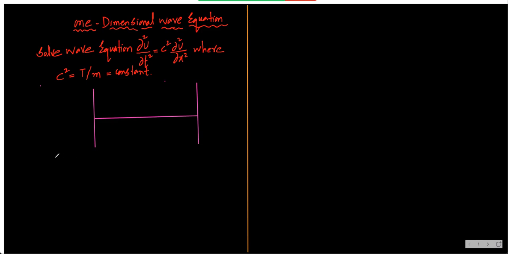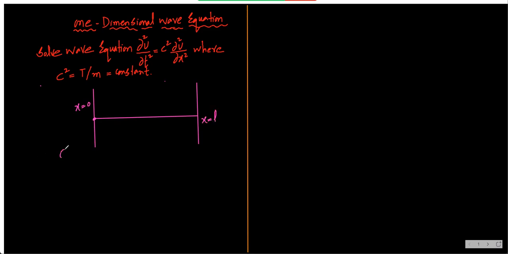We'll start. Let us assume that these are the two fixed endpoints. Taking the coordinate axis, here x is equal to 0, and here x is equal to L. These two are the fixed points.